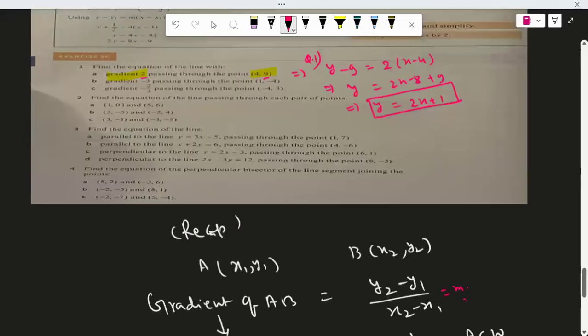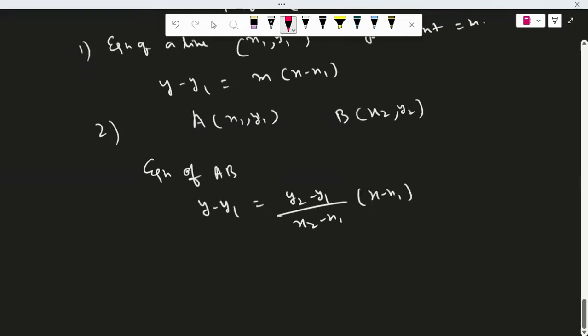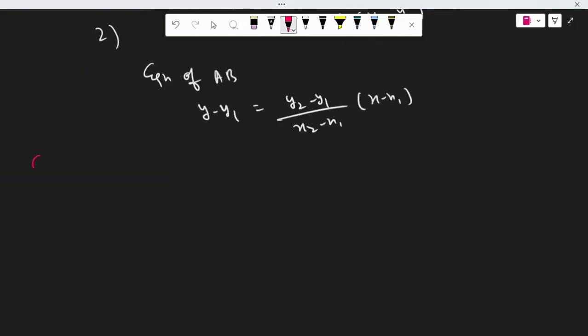Here we have been given 2 points. Question 2a: the points are (1, 0) and (5, 6). These 2 points will give y minus 0 equals (y2 minus y1) over (x2 minus x1) times (x minus 1). This is x1, y1 suppose, and this is x2, y2. y2 minus y1, that is 6 minus 0, over x2 minus x1.